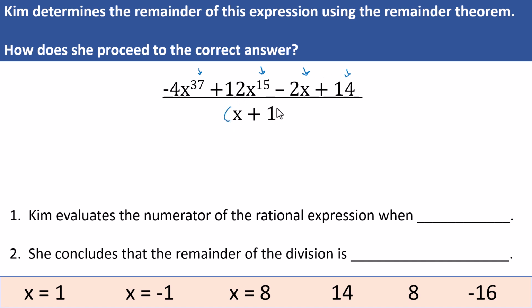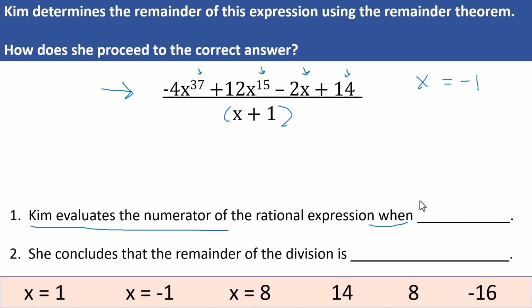Okay, we're dividing it by this, so we've got to solve for x, set that equal to 0, subtract 1 from both sides, x is equal to negative 1. Okay, so Kim evaluates the numerator, that's the top, of the rational expression when, and I'm just going over this because you'll see a question like this. What's it asking?